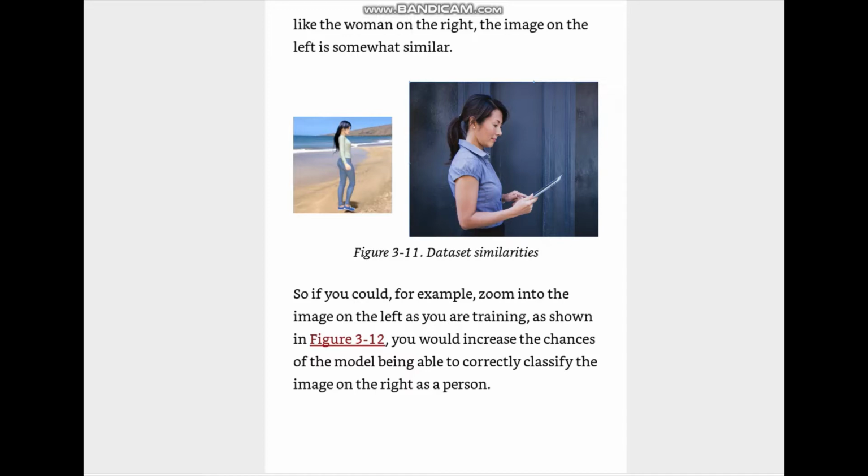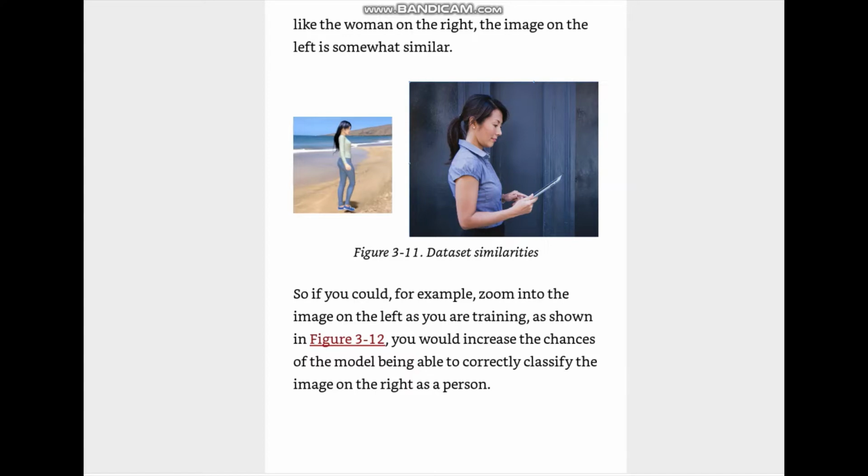If you could, for example, zoom into the image on the left as you are training, as shown in figure 3-12, you would increase the chances of the model being able to correctly classify the image on the right as a person.